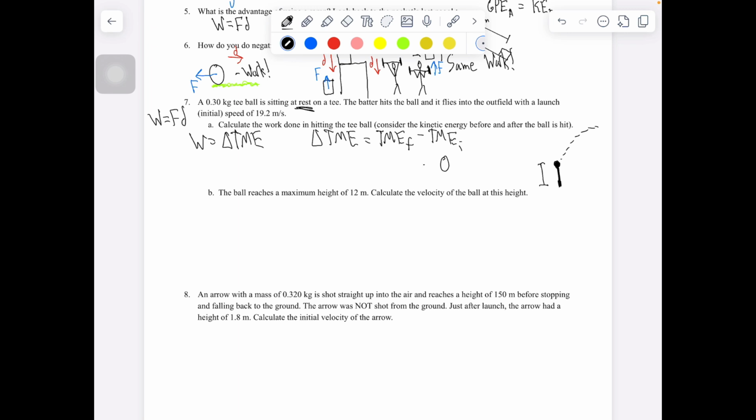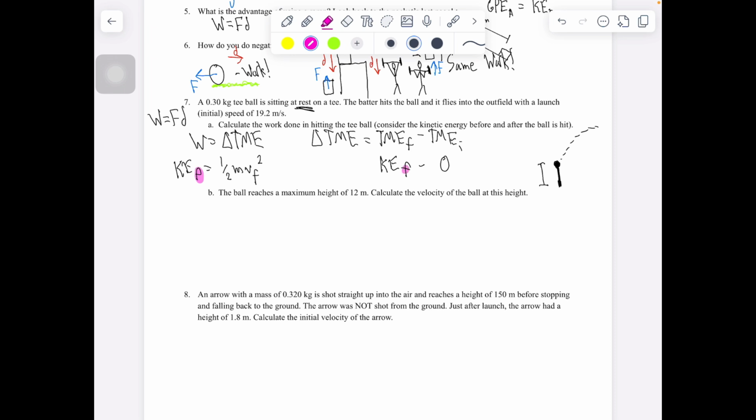The final energy is just going to be whatever the kinetic energy is of the object right after it's launched. We can find that using our equation for kinetic energy. We can say our final kinetic energy is just going to be 1/2 the mass times our final velocity squared. Now, we're using this final term in a relative context.